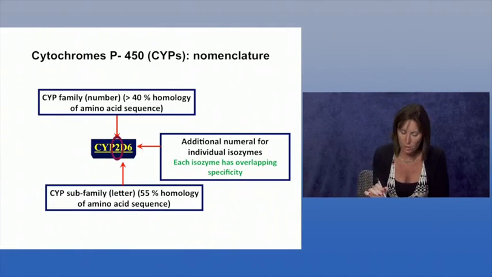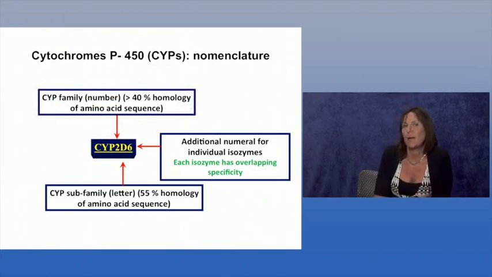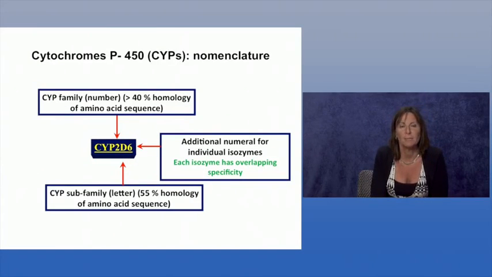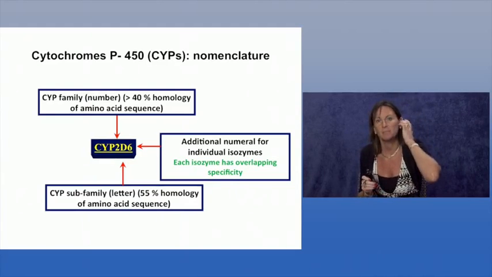This first number here refers to the family number. And we talk about homology of amino acid sequence quite often in pharmacology in general. So the family of the CYP enzyme bear pretty decent similarity between them, 40% homology of amino acid sequence amongst these enzymes.